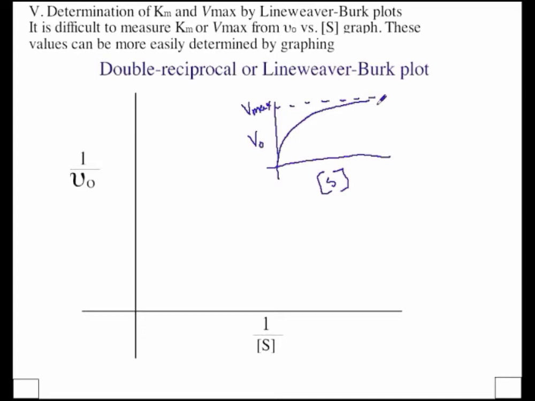Now, certainly with the right computer and the right computer program, the equation describing this hyperbola can be used to solve not only for Vmax, but also for that substrate concentration Km that happens at 1/2 Vmax. But this is a tricky way of going about things.